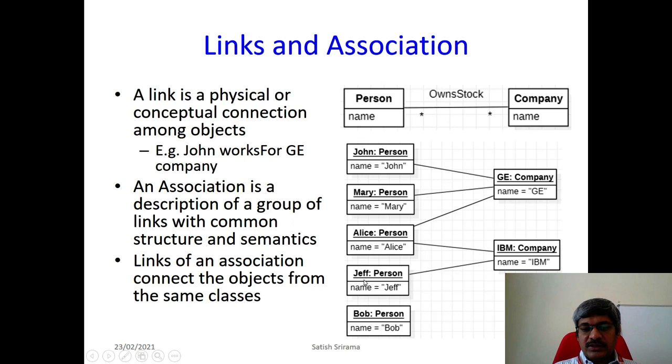Links of an association connect objects from the same classes. This owns stock association can have several links, but these links connect the objects of the person and company classes. That's how we define links and associations.